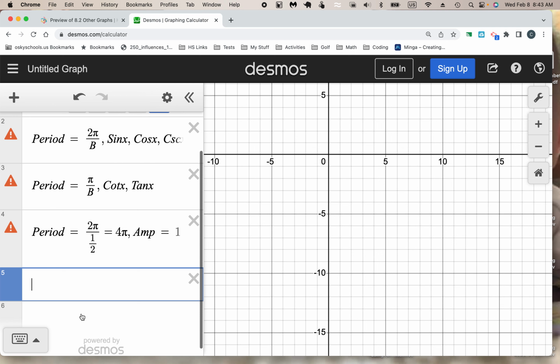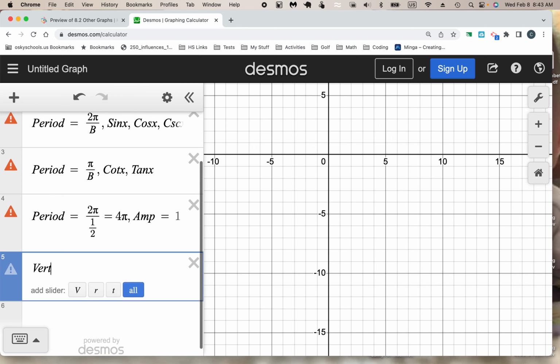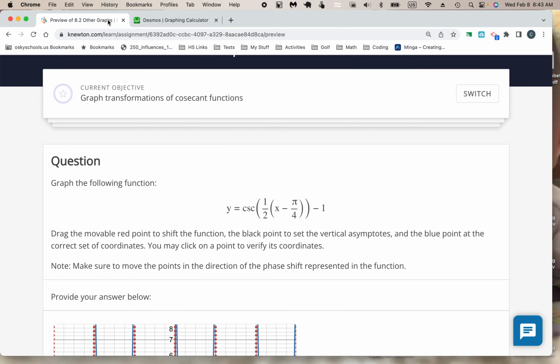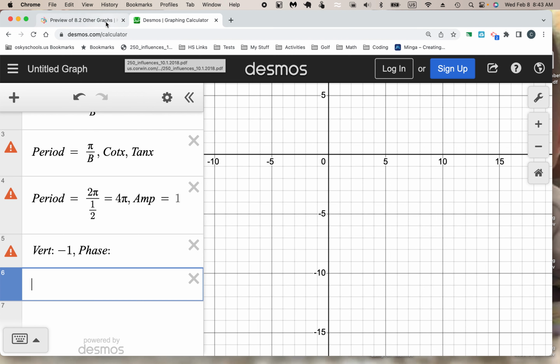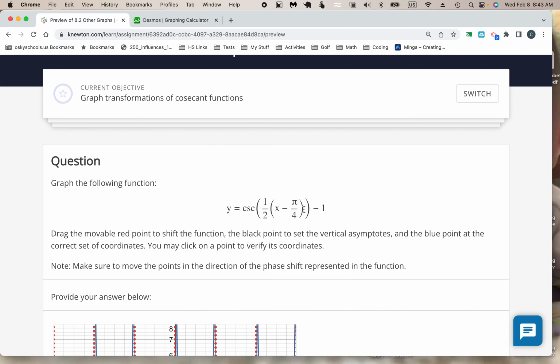I need to find the phase shift and the vertical shift. Going back to that function, the vertical shift is -1. The phase shift we get from setting the inside piece equal to 0.